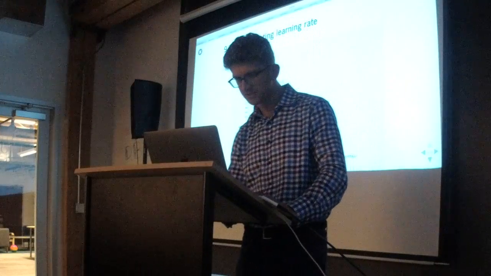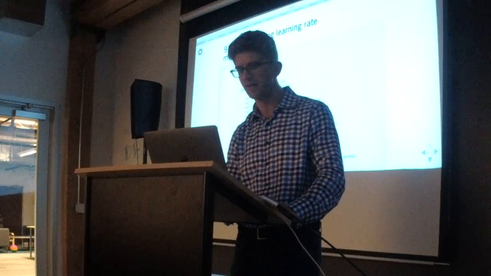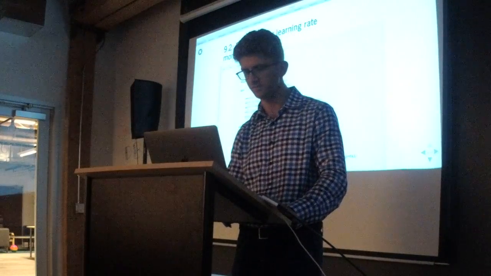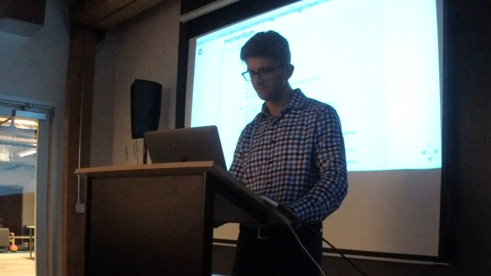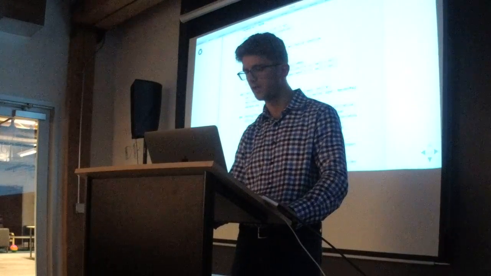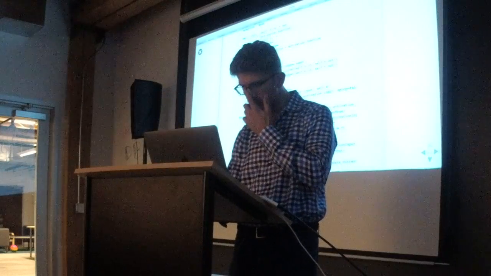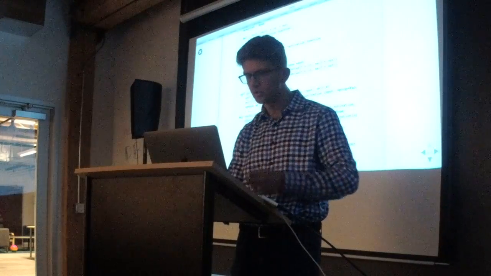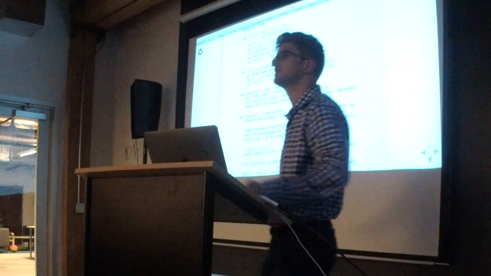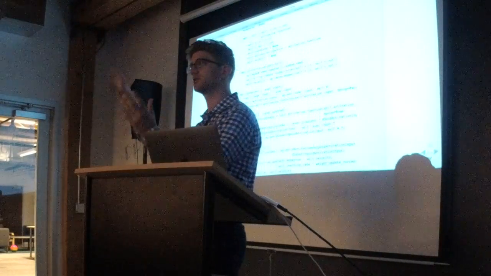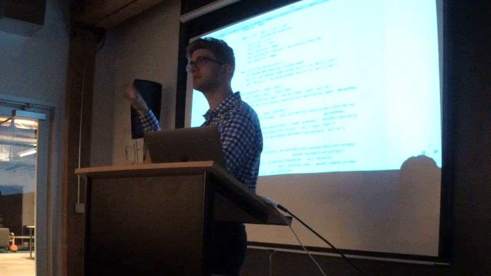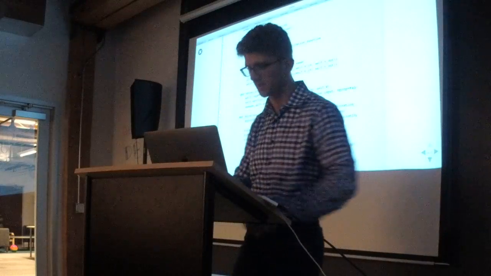How do we implement momentum? Momentum's kind of an interesting one. There's actually a simple and easy way to implement it. You initialize your neural net with this thing called velocity, which is a weight update matrix that's all zeros, the same size as your weight matrix.